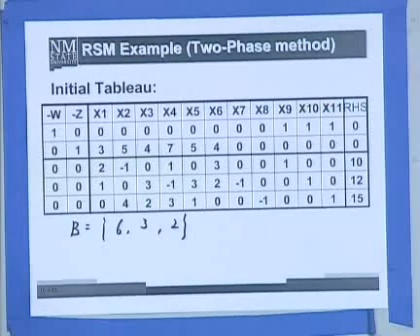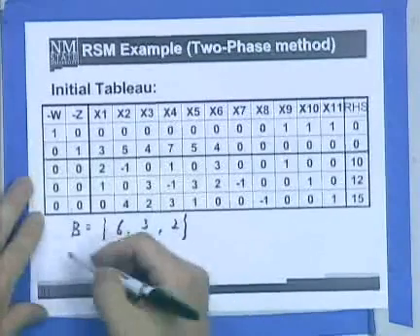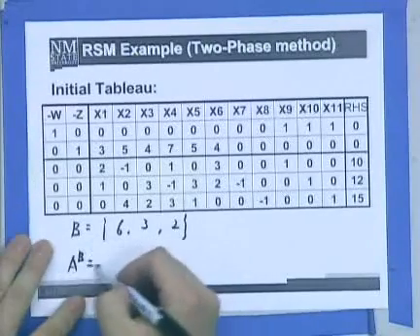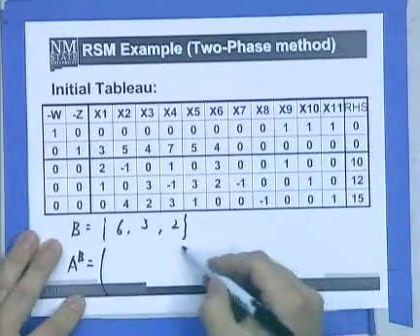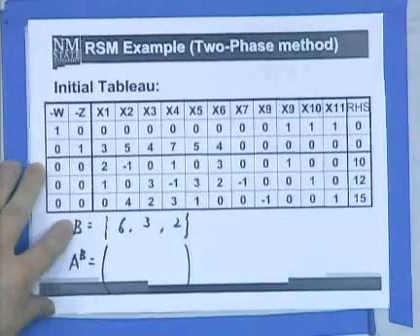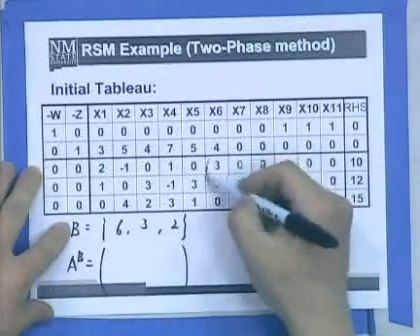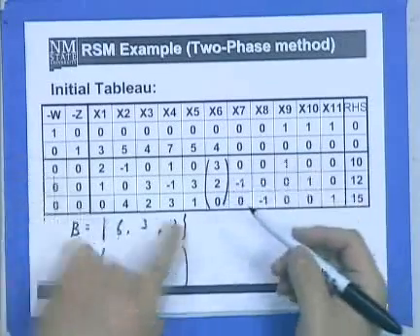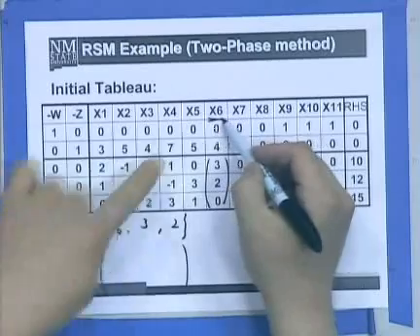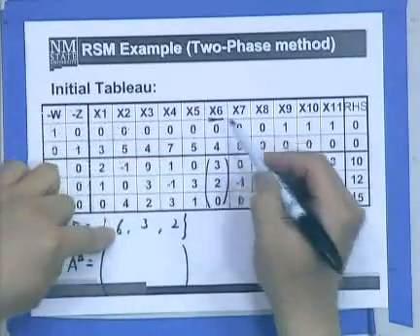I believe this must be the last iteration. So the new basis matrix would be obtained based on this new basis set, right? The first column is the constraint coefficients belonging to the first basic variable, which is x6.